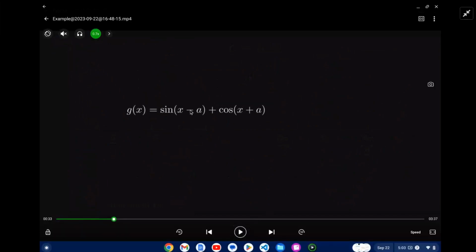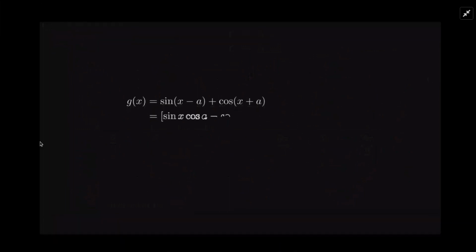Now let's look at the function, and I'm going to use the angle difference formula here and the angle addition formula here to do some simplifying. So those are the two identities. A little bit of rearranging.